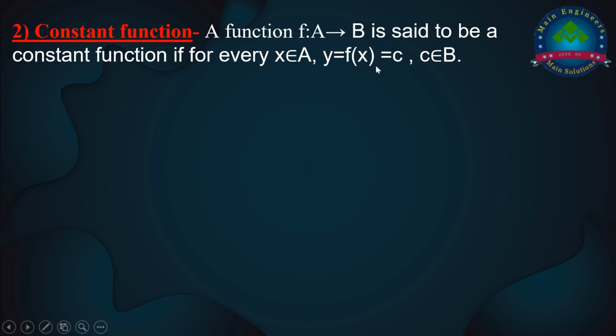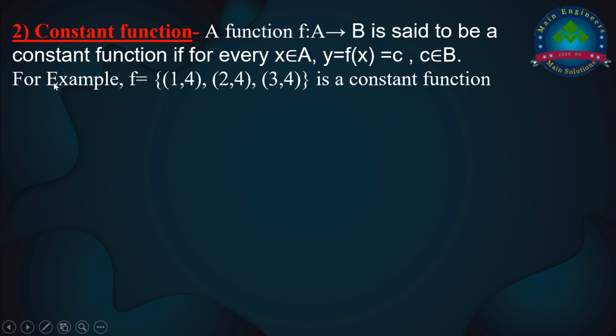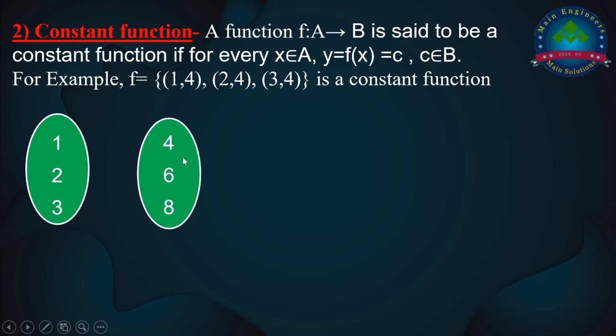Let's give an example of the constant function. Let's take 3 pairs of a set. Here f is equal to (1, 4), (2, 4), (3, 4), which is a constant function. If we draw this into the map, the first set has members 1, 2, 3. Another set has members 4, 6, 8, but our output is 4, 4, 4.